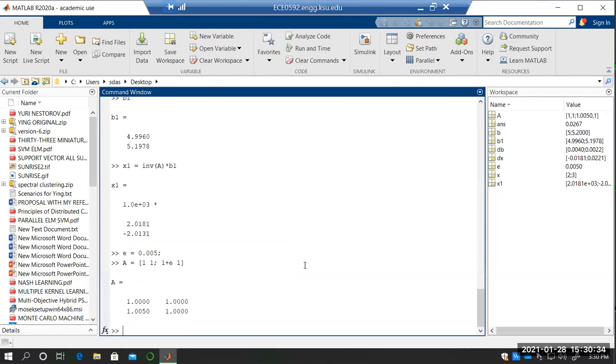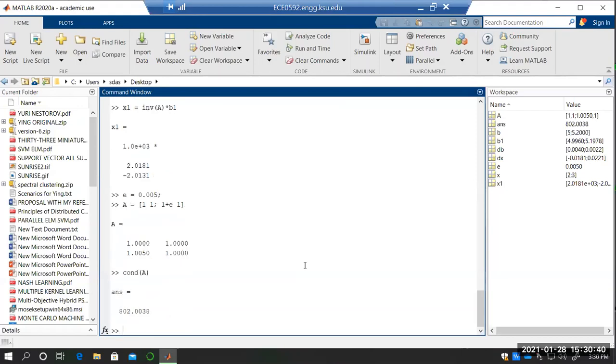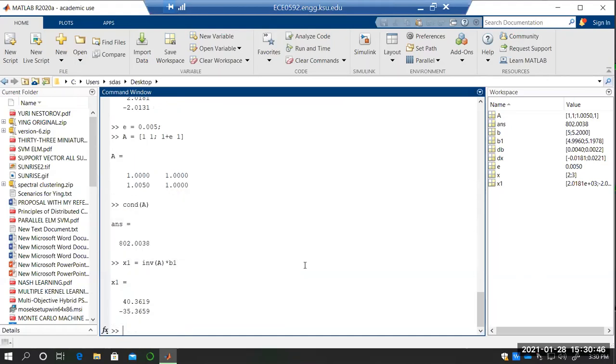So it's still quite close to a singular matrix. The condition number of A is now much higher. Now let's try to solve it. X1 is this. You still get so much error, but you see the reason, right? So what is delta X then?